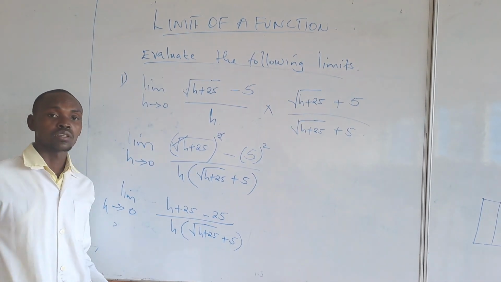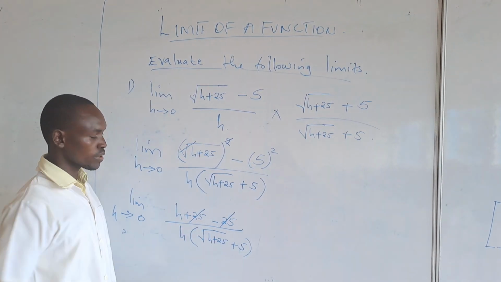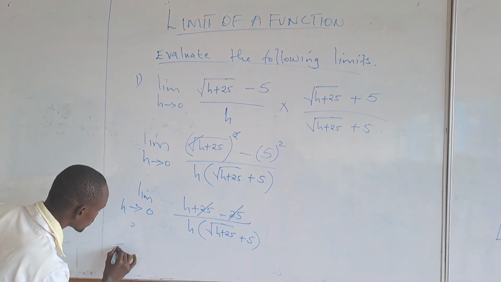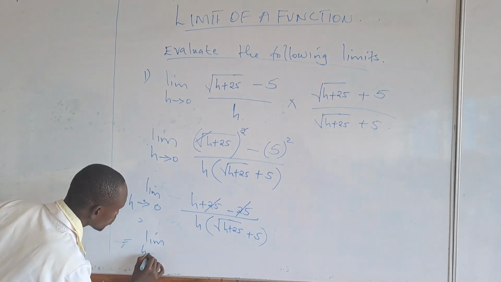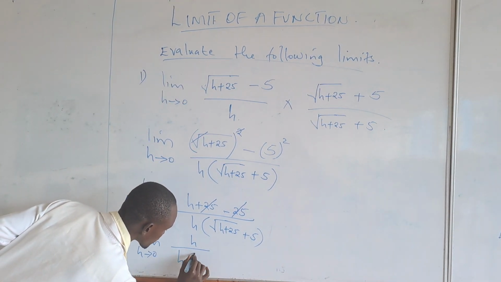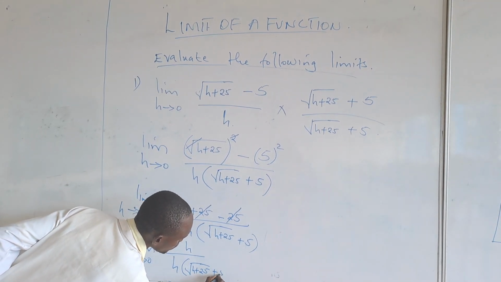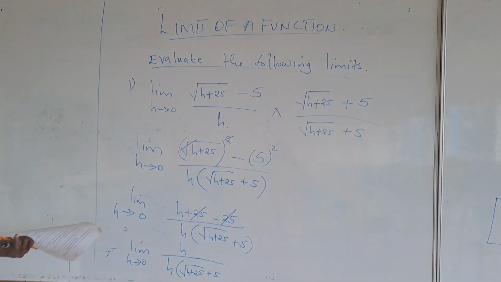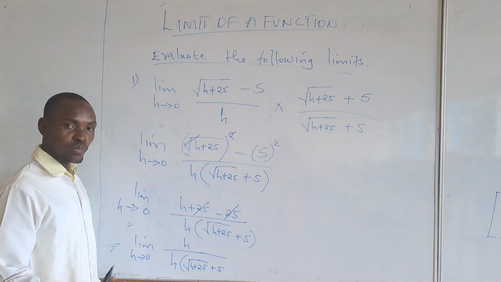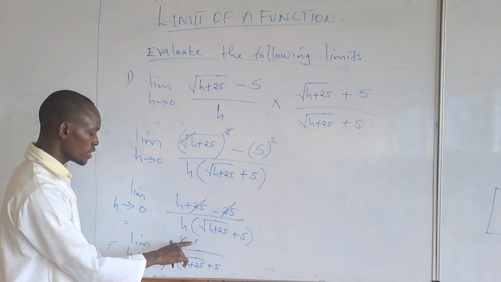Now in this, you will realize that in the numerator, plus 25 will cancel minus 25. So we will have h itself on the numerator. So this will be the same as limit as h tends to 0 of h divided by h square root of h plus 25 plus 5. Now, if you look at this function, it is automatic that h will cancel h. So here we will remain with 1.